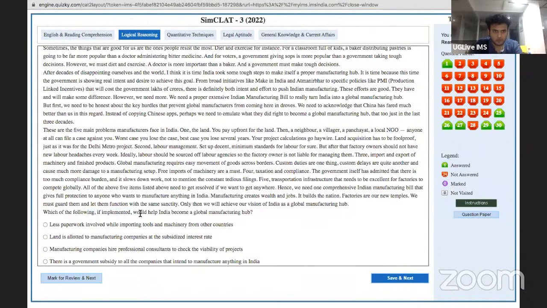Which of the following, if implemented, would help India become a global manufacturing hub?